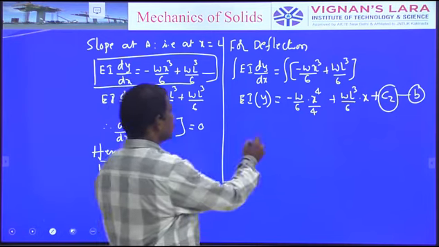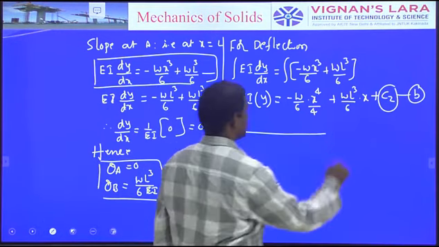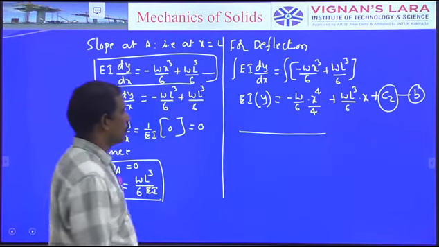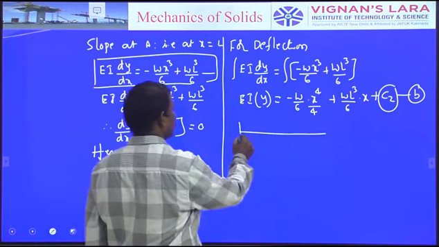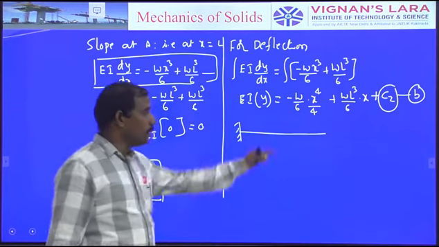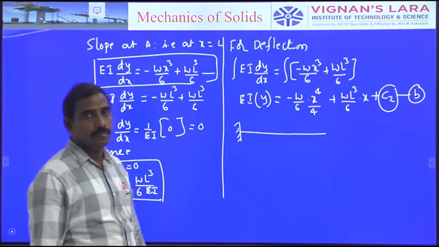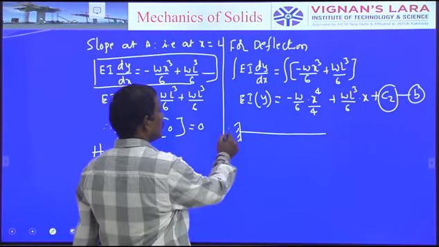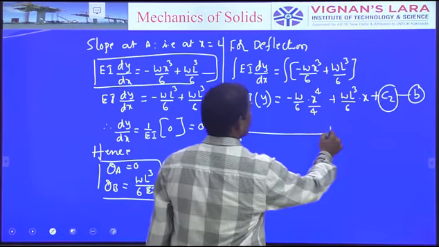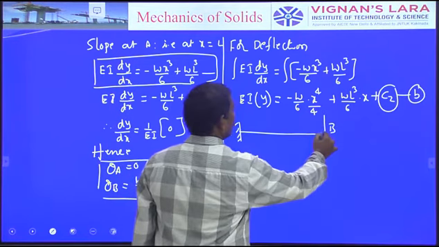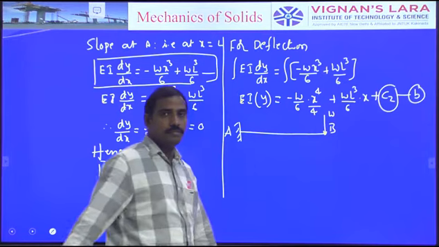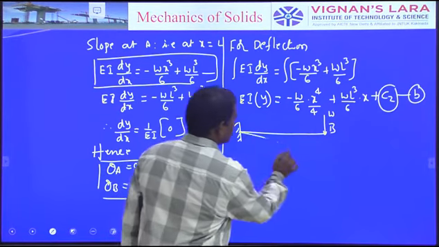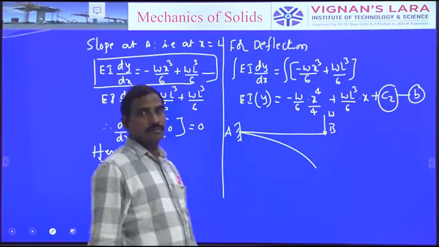So again let us see the boundary conditions. This is a cantilever beam. This is the curve before applying the load, this is A, and this is B. Whenever a load W is applied, this is the deflected curve.